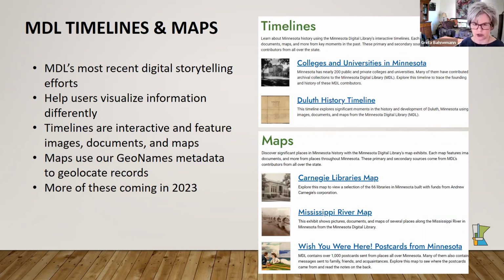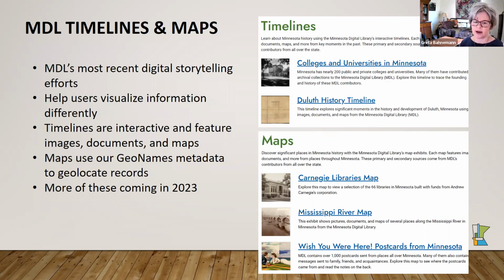And I should also mention, for those interested in the technology side of things, these were created using Timeline.js and StoryMaps.js, and both of those are by the Knight Lab. These tools can help users visualize information in a different way. It's a new way to look at and think about historic content. Timelines are interactive and feature an array of content.